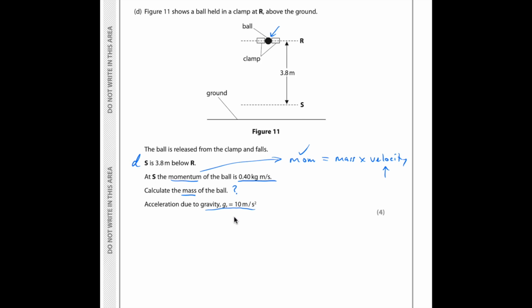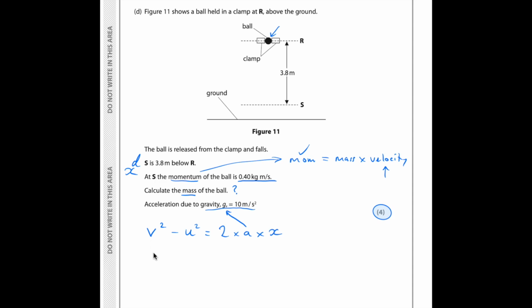Now, there's a little equation that says the final velocity squared take away initial velocity squared is going to be 2 times by acceleration times by x, which is the distance travelled. And acceleration is gravity, because it's gravity that's going to make it fall. So if you've never seen this question before, it's quite tricky. That's why they make it worth 4 marks.